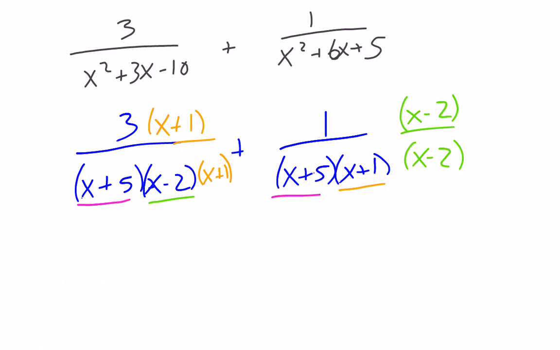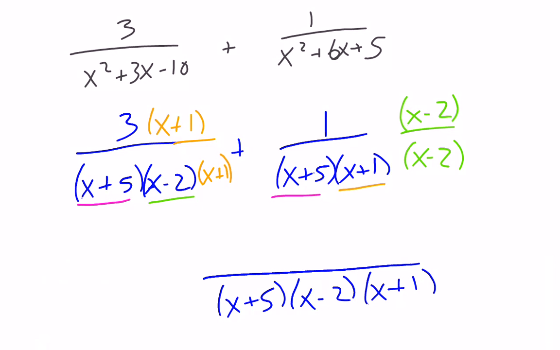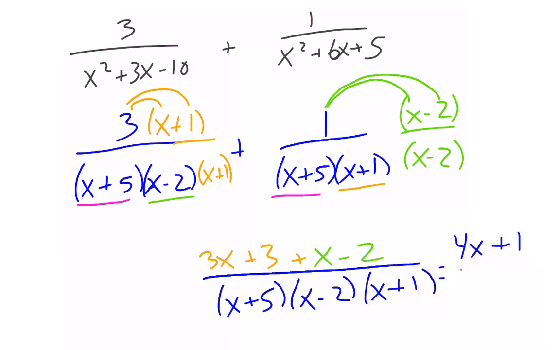So I have this lovely long denominator of x plus 5, x minus 2, x plus 1, and then I can simplify my numerators. 3 times x would be 3x, 3 times 1 would be 3, plus 1 times x would be x, negative 2 times 1 would be negative 2, and if I combine like terms in the top, that would give me 4x plus 1 over x plus 5, x minus 2, x plus 1.